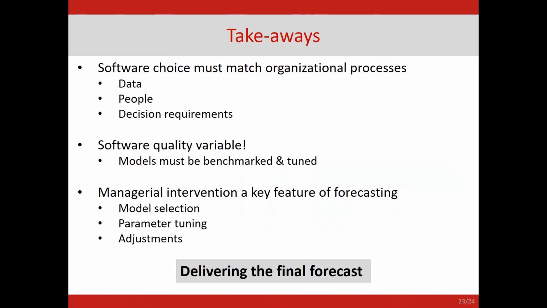They need to be validated against established software, if you're buying new. And finally, and we've repeated this, managerial intervention is a key feature. But it's a feature from selecting the method, selecting the parameters, tuning the parameters, and of course, the final forecast.